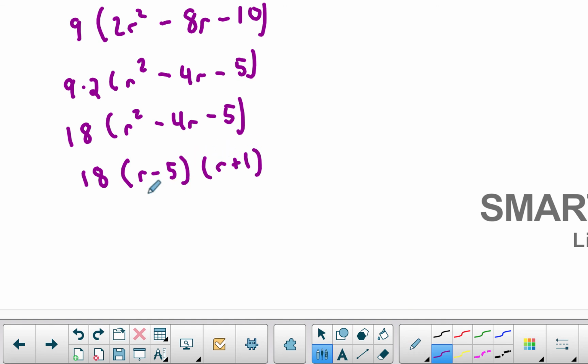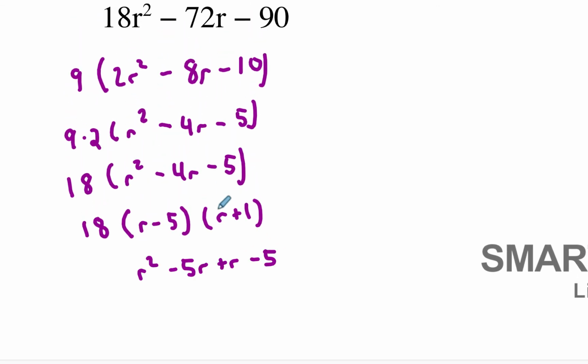And I'm just going to show you why this equals r squared minus 4r minus 5 by distributing the r and then distributing the negative 5. So that first term, that last term, it's hopefully pretty obvious at this point that the r times r is going to equal r squared. And the negative 5 times 1 is going to equal this negative 5.